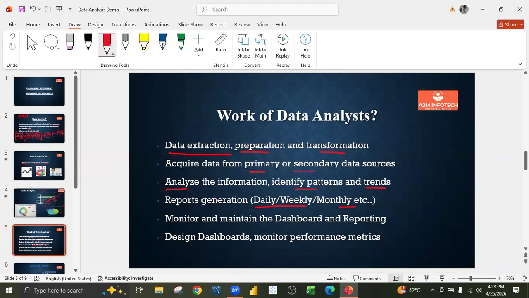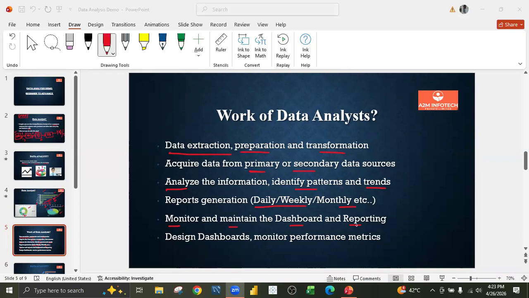Using this, people get information about that particular product in the real world. Next, monitor and maintain the dashboards and the reports. I'm telling you this, guys, because let's say I give an example. If you share one dashboard with a particular client, and the dashboard is taking almost 5 or 10 minutes to open, do you think he will be happy with your work? No, he will not be happy.